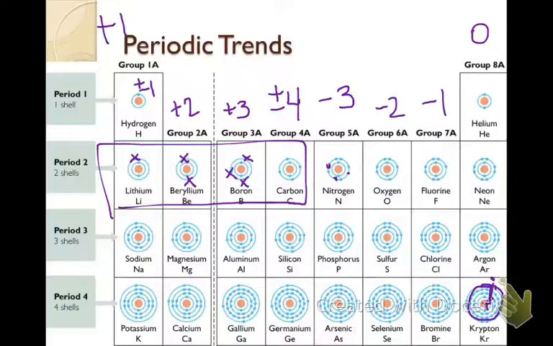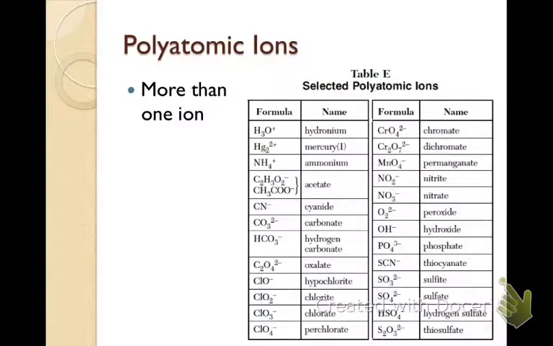So once you get further down to the noble gases, they actually start to lose some electrons. But that's usually one of the exceptions. We won't see that on our regents. You might hear about that in honors or AP.